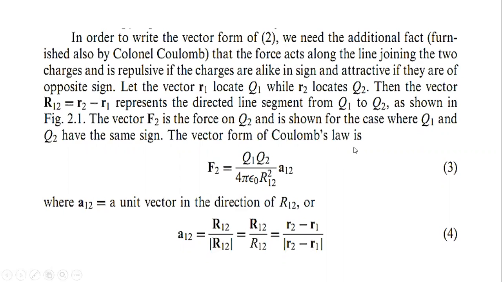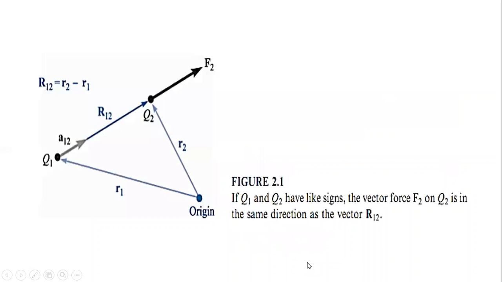So the vector form of Coulomb's law is F2 equals Q1 Q2 divided by 4 pi epsilon naught R12 square into a12, where a12 is a unit vector in the direction of R12. We know that the unit vector is equal to the vector divided by its magnitude, and this vector r12 is r2 minus r1, where r2 is the position vector of the charge q2 and r1 is the position vector of the charge q1. So the unit vector a12 will be equal to the vector divided by its magnitude.